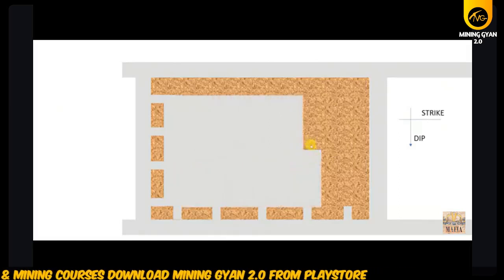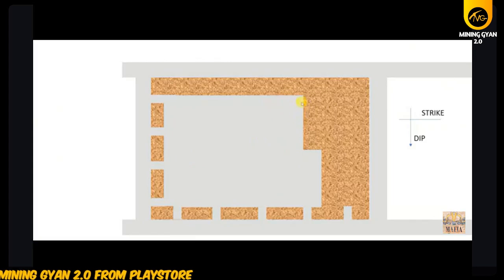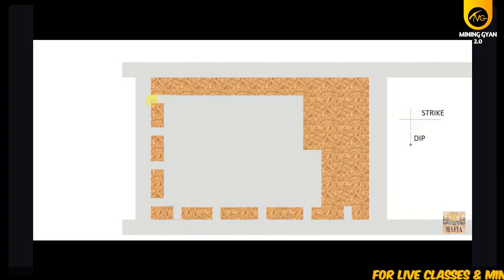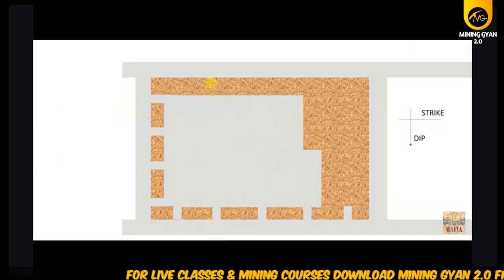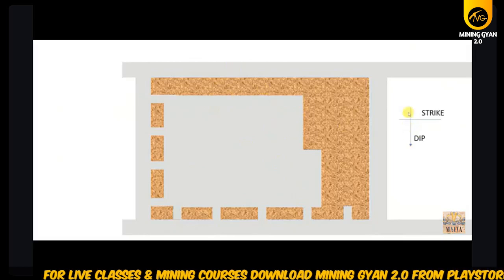Like this, the bottom slice is more advanced than the upper slice. So gravity will help the material of the upper slice fall down, and we can extract it with the help of your chutes through the lower level. Okay.